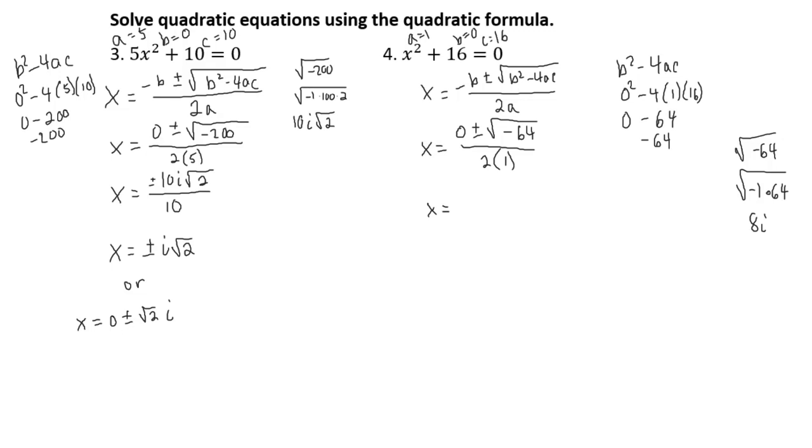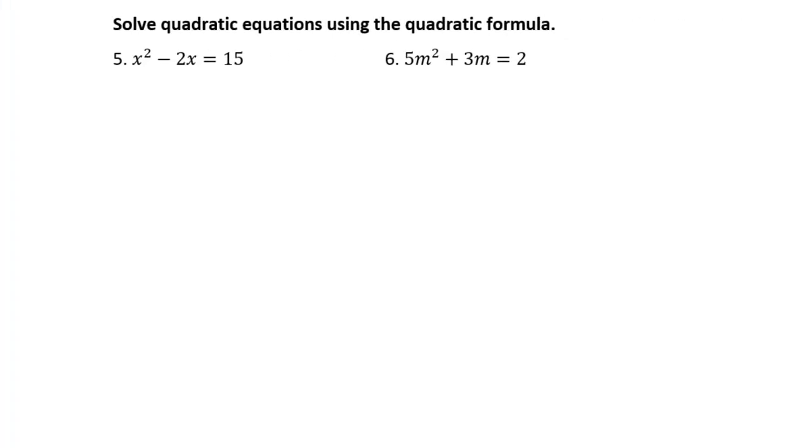So this is x equals plus or minus 8i over 2. So that is x equals plus or minus 8 divided by 2 is 4, 4i. And that would be our solution. All right, let's look at another example.